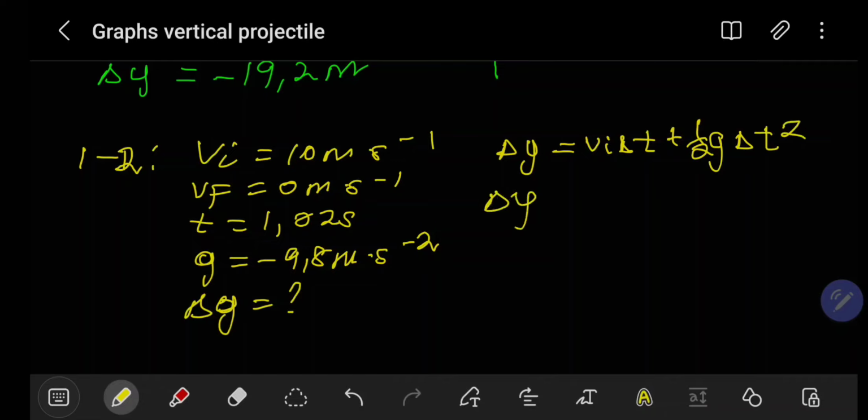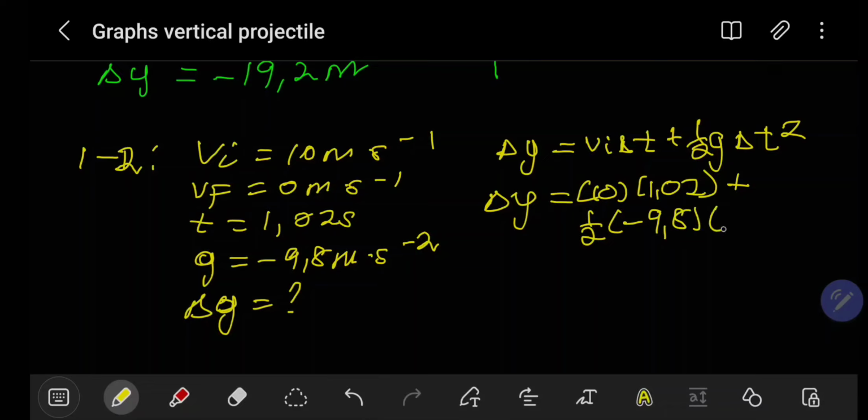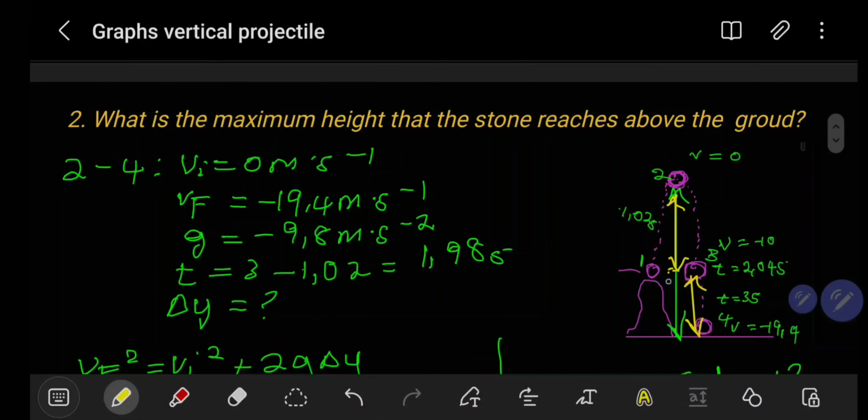So our change in y will be 10 multiplied by 1.02, plus half of negative 9.8, multiplied by 1.02 squared. Then our answer becomes 5.1 meters. So we know the distance from the top of the cliff to the maximum height.